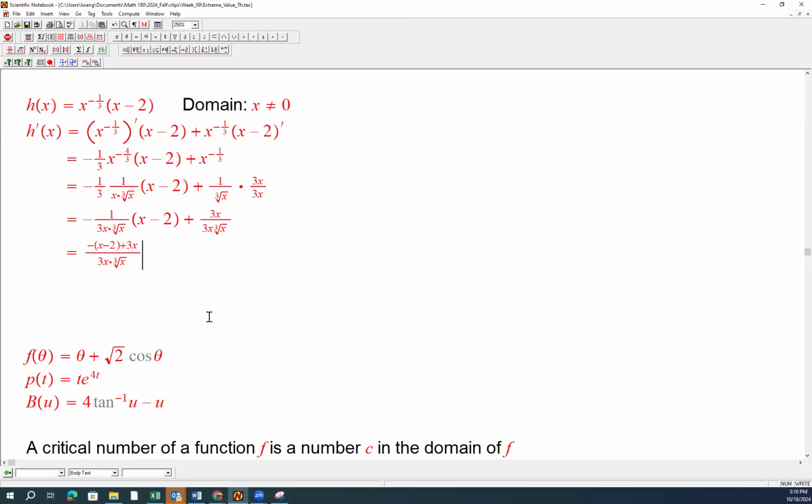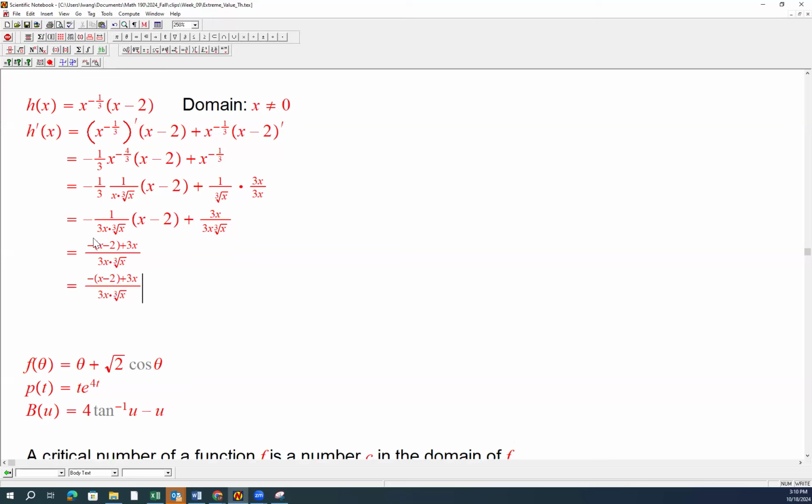That's combined into one fraction form. Minus x plus 2, and combining like terms, we get 2 plus 2x.